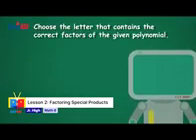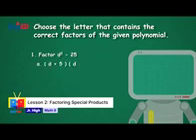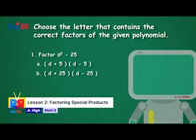Choose the letter that contains the correct factors of the given polynomial. Number 1, factor d squared minus 25. Is it A, the quantity d plus 5 times the quantity d minus 5? Letter B, the quantity d plus 25 times the quantity d minus 25?